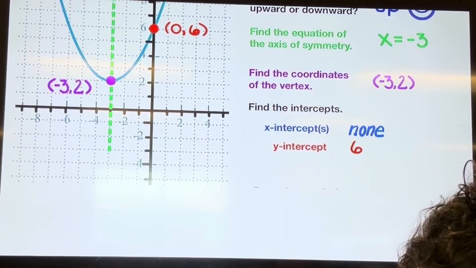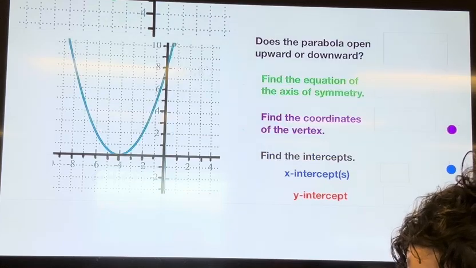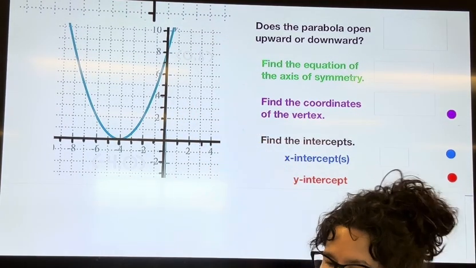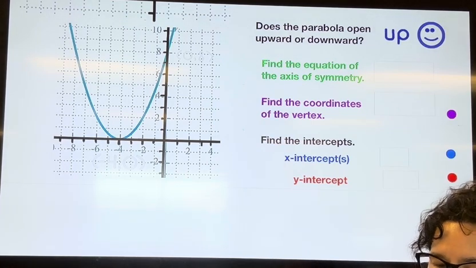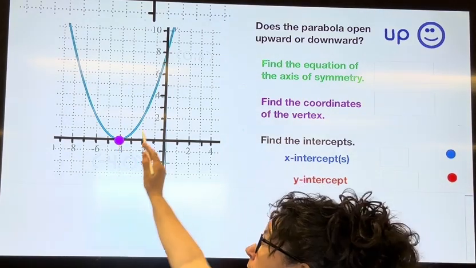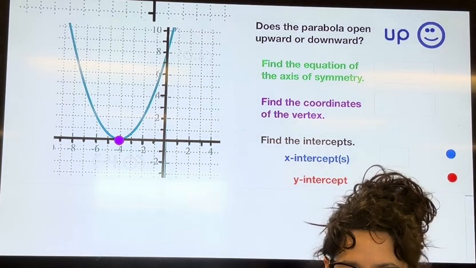All right, then here's just one more quick example. Got this parabola here. It's smiling. So I'm going to say that's opening up. The vertex, it's bottoming out there at -4, 0.